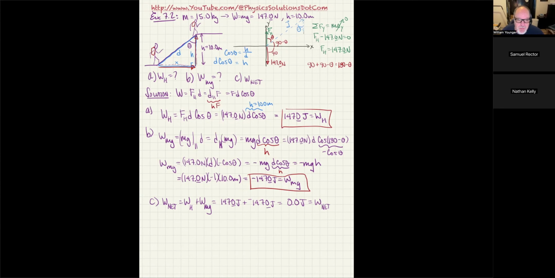And if you assume that the backpack was sitting perfectly still at the bottom of the hill before you started to walk up the hill, and that it was sitting still when it got to the top of the hill, then the change in kinetic energy, which is again 1/2 mv squared, would be zero, because the initial velocity is zero and the final velocity is zero. So we'd expect the net work done to be zero, and that's what we got here. So again, we've already started making things consistent with what we call the work energy theorem. Anybody have any questions on that?